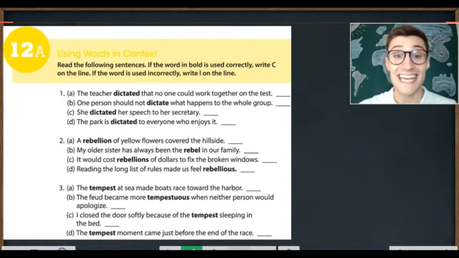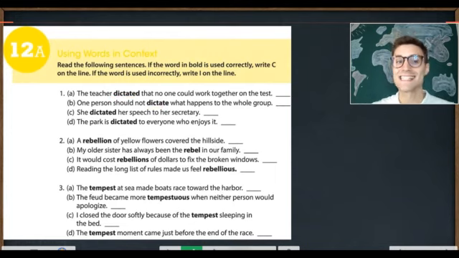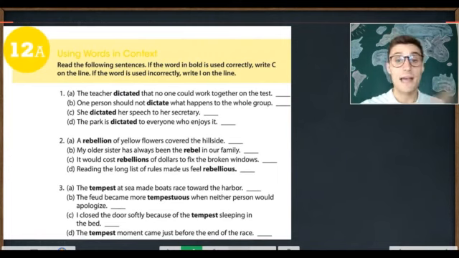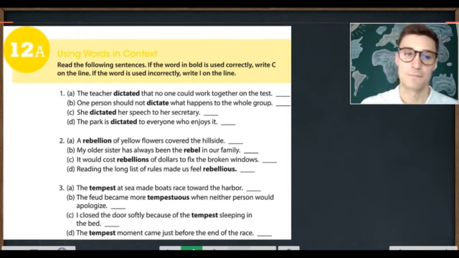If the word in bold is used correctly, so these are the words in bold, write C on the line. So if it's correct, write C. If the word is used incorrectly, write I on the line. You got it? Great.